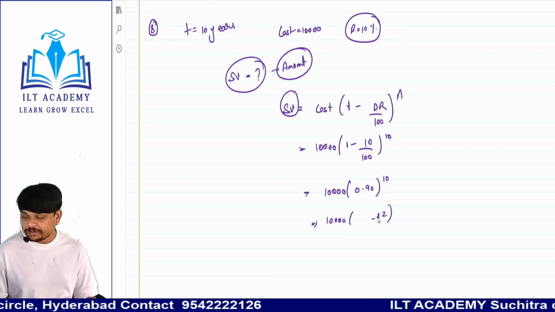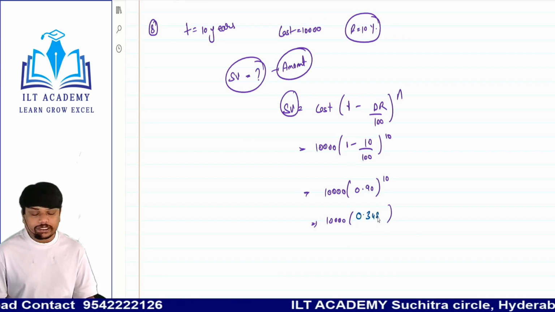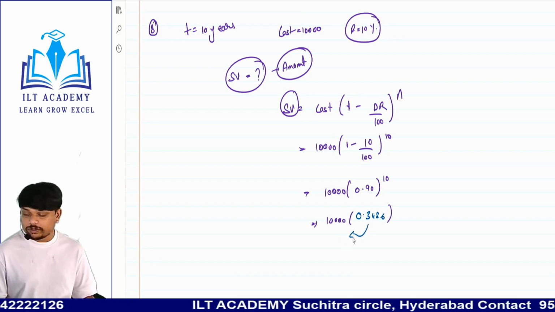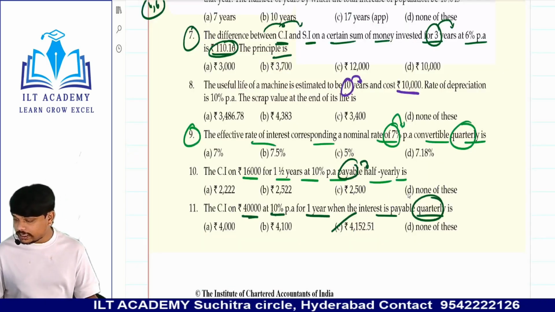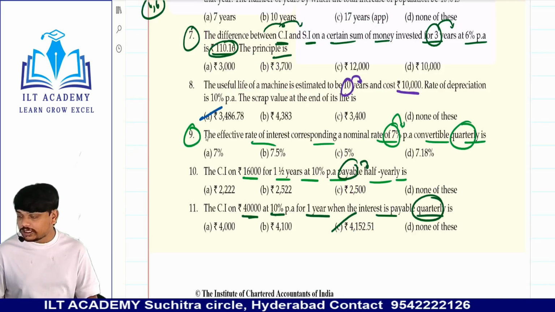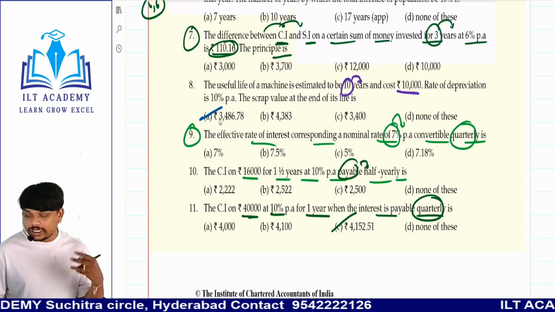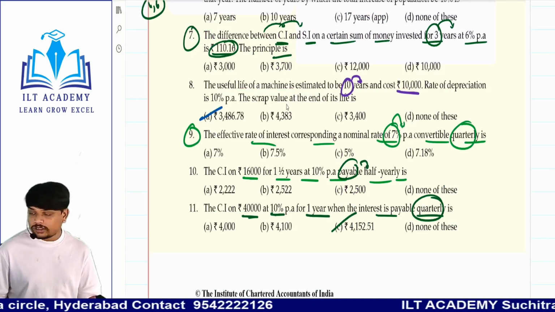It is how much? 0.3486. Fine. So when you multiply, it is how much? 3,486. This is the scrap value, and this you can see over here, option A, 3,486.78.